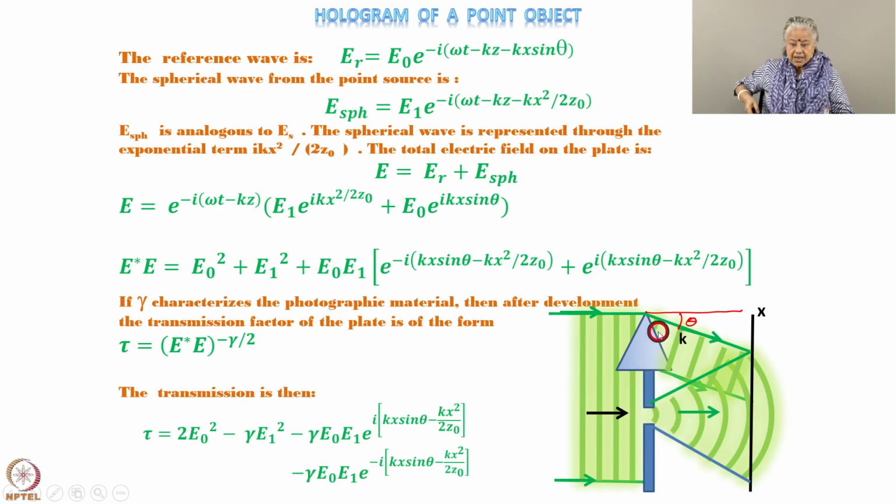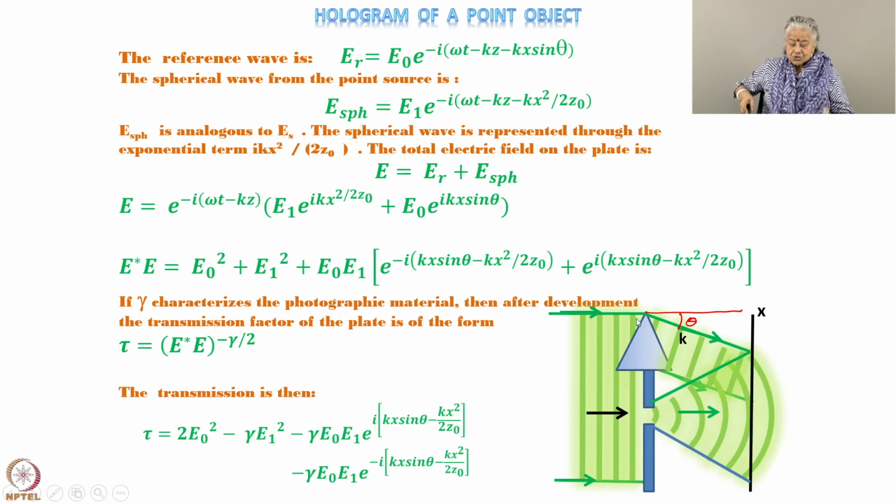So, suppose this is not my hologram, this is my holographic recording plate. This is just a point, a slit where the plane wavefront is coming here, and then exactly at this point, it is converting into a curved wave like this.